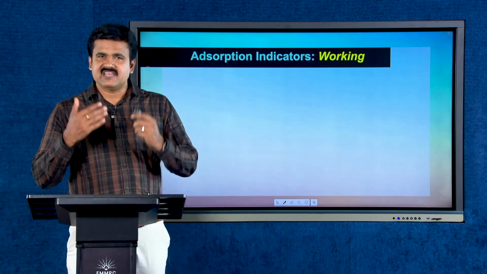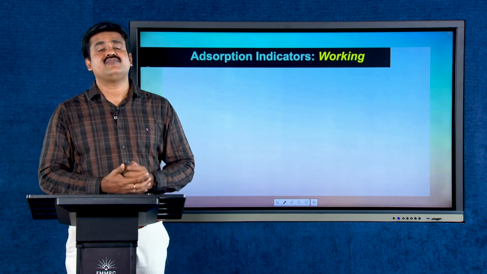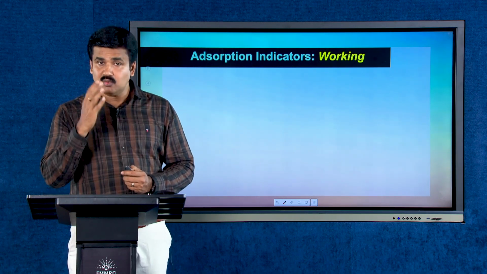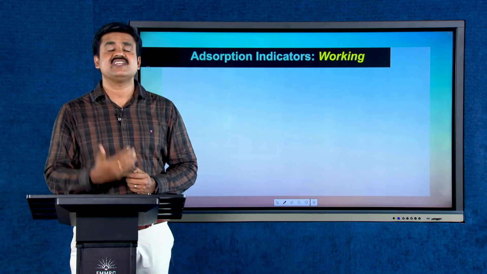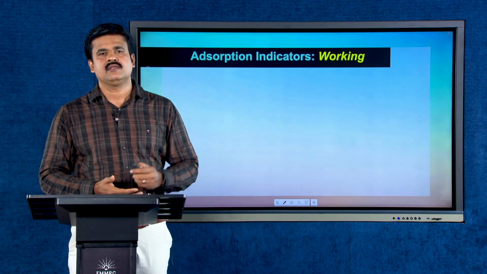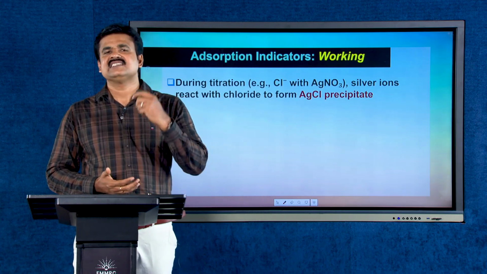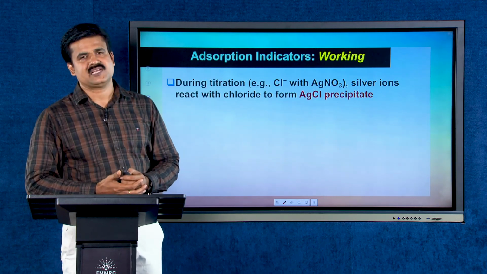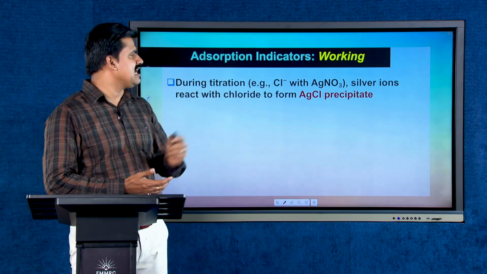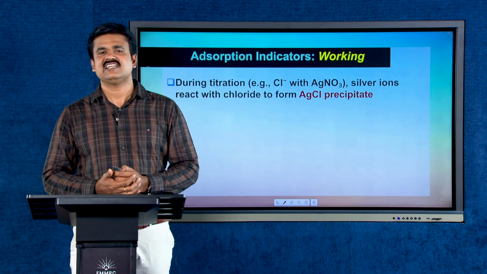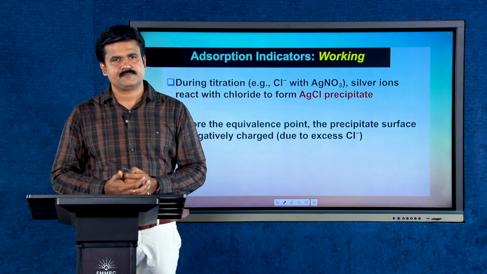Now, we are discussing the working of adsorption indicators, that is the working principle, how this indicator, the adsorption indicator, works. During the titration, for instance, Cl- with AgNO3, silver ions react with chloride ions to form a white cloudy precipitate, that is AgCl precipitate.